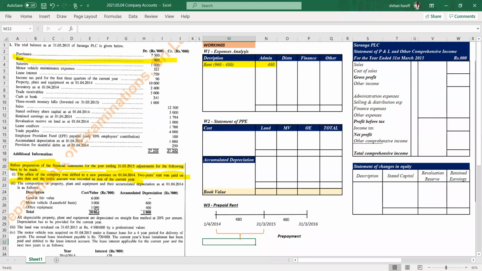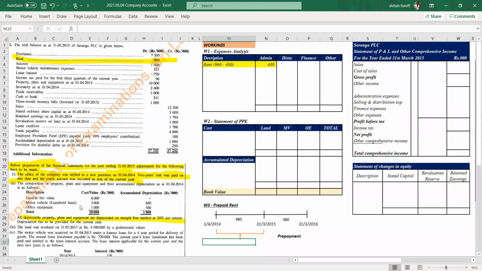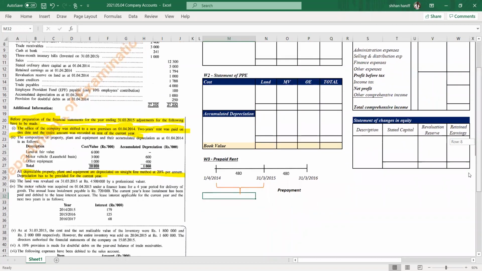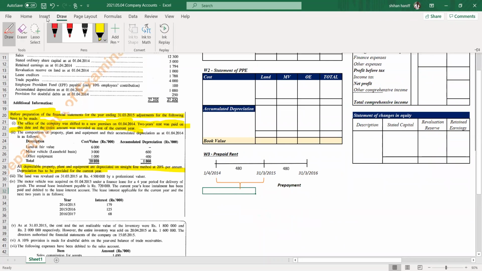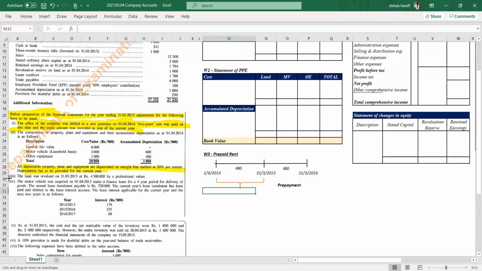Motor vehicle, office equipment. All depreciable property, plant and equipment are depreciated on the straight line method at 20% per annum. Depreciation has to be provided for the current year. So the lease adjustment I will keep, and let's do it on Friday because there is a change in the lease standard.